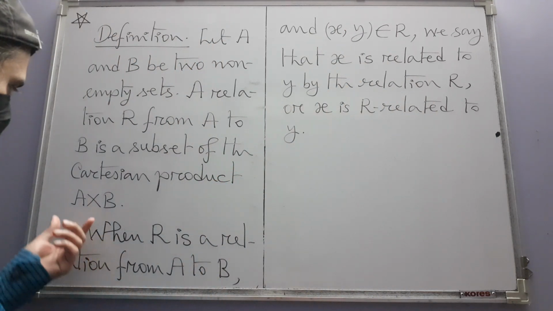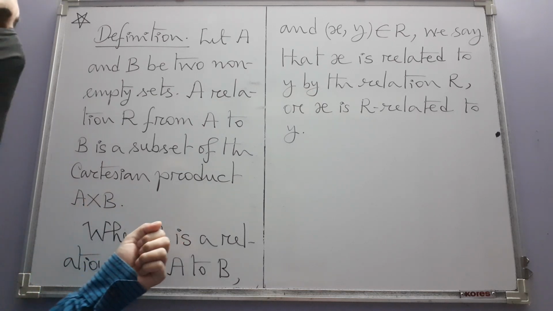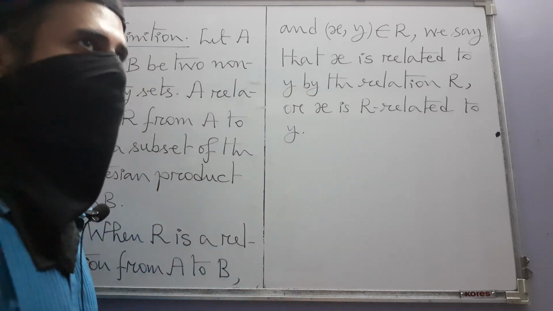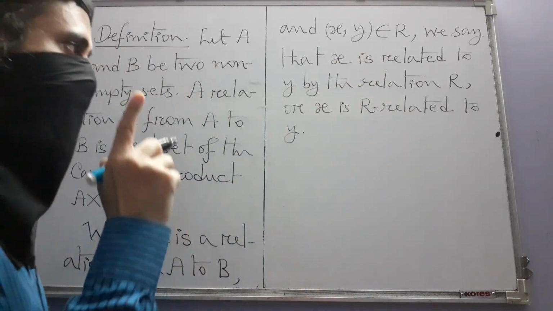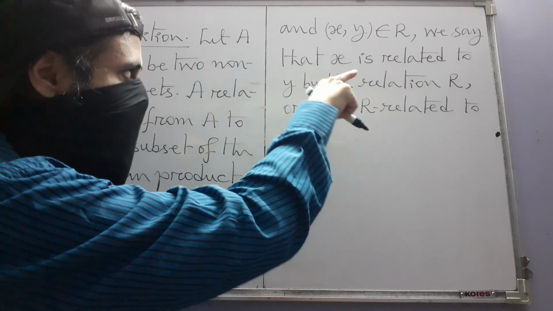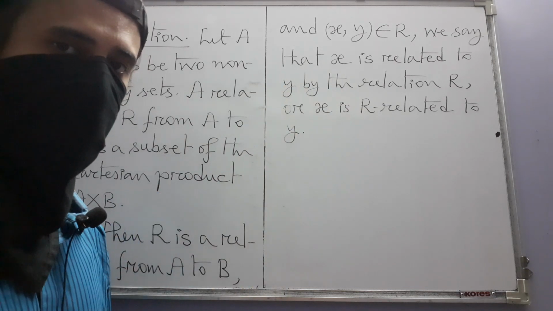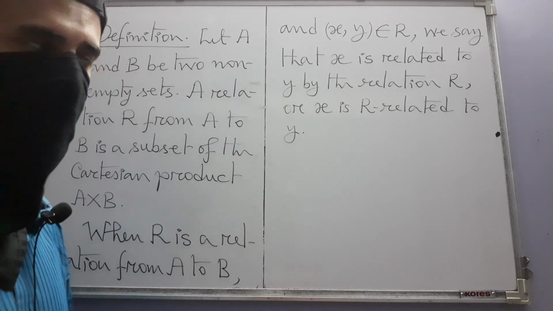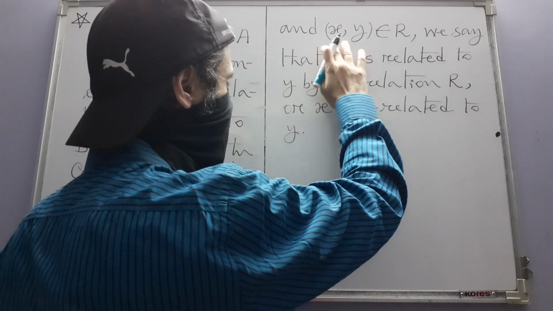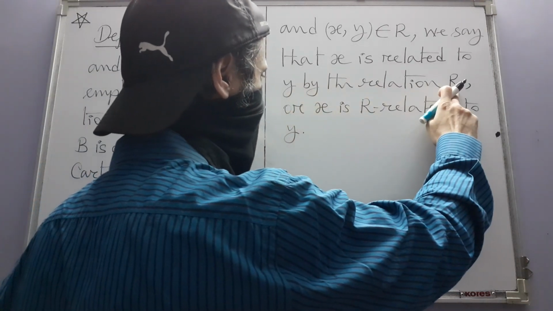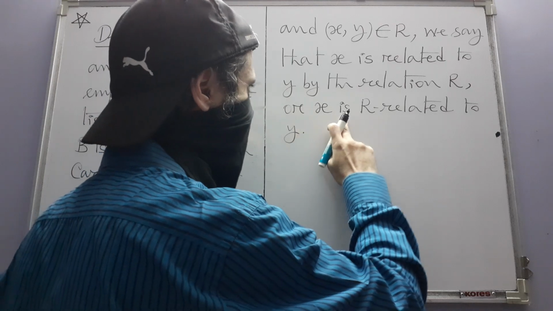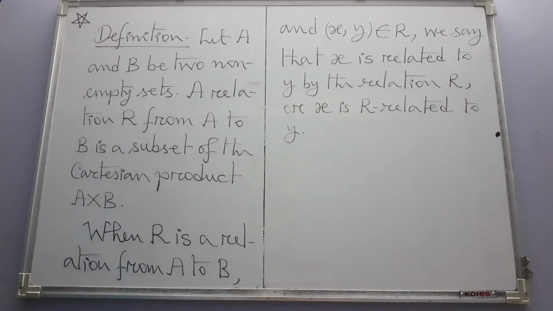If on the same pair of sets A and B, you have say some other relation S, and there also you have this ordered pair as an element, there however you would say that X is related to Y by the relation S. Maybe that S is some other relation which happens to have this element also as an element in it. Okay, so that's why we mention by the relation R, or more simply X is R related to Y. Sometimes like this also we express this fact.